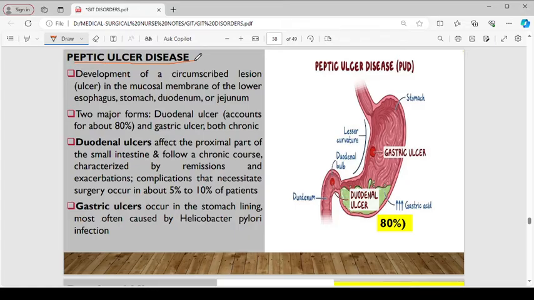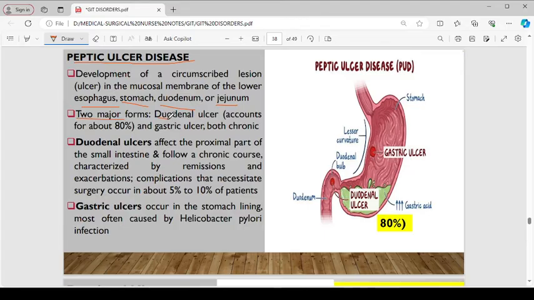This one is characterized by development of circumscribed lesions in the mucosal membrane of the lower esophagus, or you could have them in the stomach, duodenum, or jejunum. So we could have many types of peptic ulcer: esophageal, gastric, or duodenal, but the main forms are two.